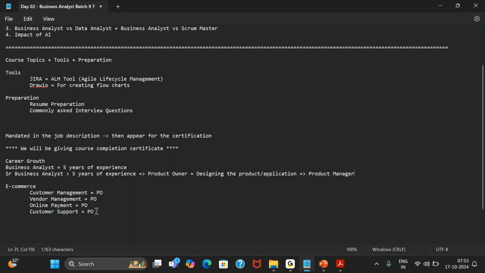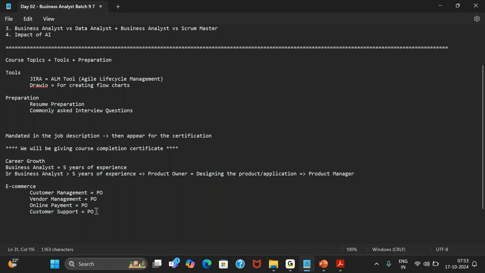Okay. Now obviously post product manager you get into leadership roles, so that depends purely on your interest. But product owner and product manager are some of the very lucrative, high paying jobs with a lot of accountability. Okay. A payment does not come without accountability.